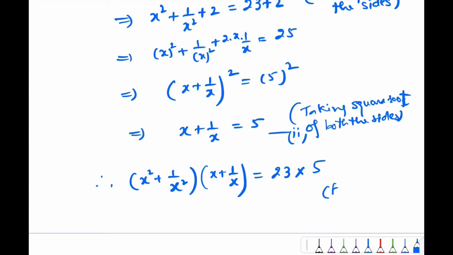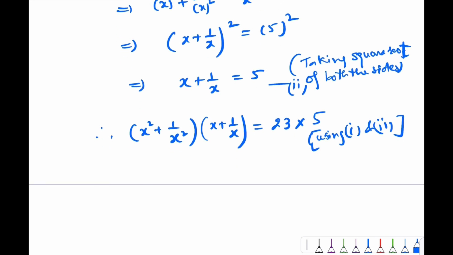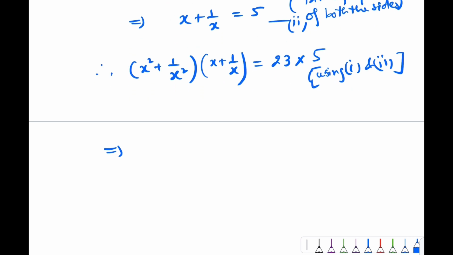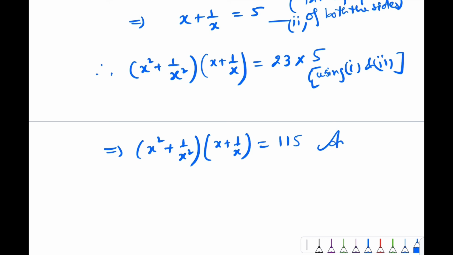So using equation number 1 and 2, we get this. So this implies x square plus 1 by x square into x plus 1 by x is equal to 115, and this is our answer.